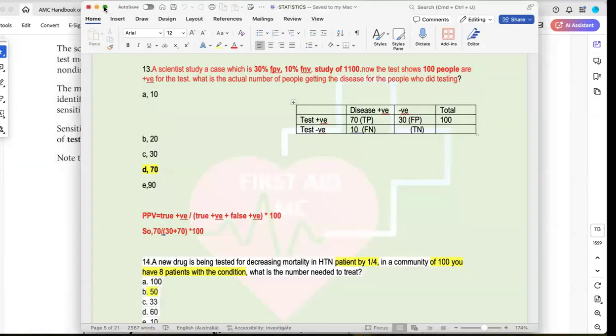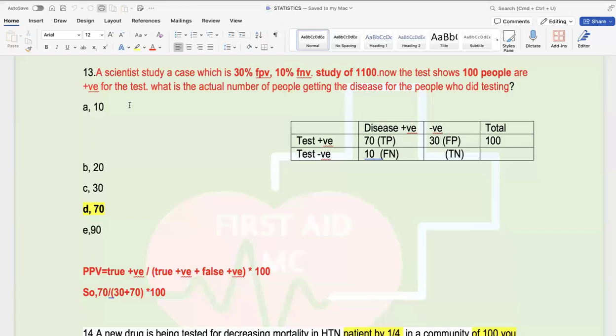Now, the reason why we had to discuss all of this is this question. So let's have a look. A scientist studies a case which has 30% false positive and 10% false negative in a study of 1100 students.